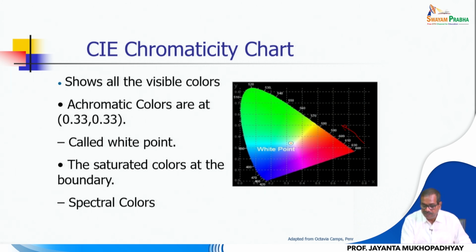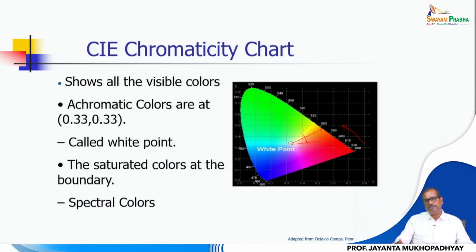So if I move radially towards the periphery, you are hitting one of these lambda, which means if there is a reference direction and I move angularly, I am varying the wavelength, and if I go radially, then I am varying the purity of the light. So the more pure the light, we call it more saturated. So there are 2 factors for color representation. One is called saturation, and the other is called hue.